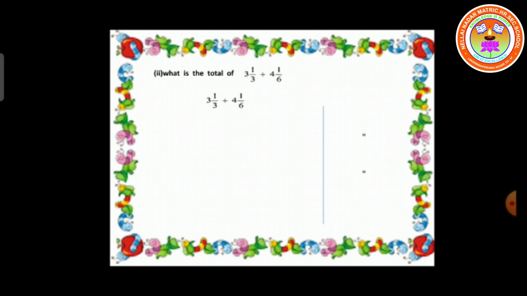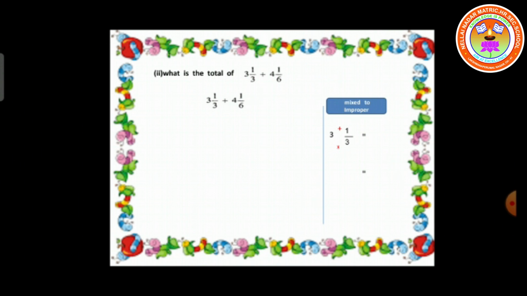Okay. Now, we know the formula to convert mixed to improper fraction. Right? See, 3 1 by 3. How will you make it an improper fraction? We already saw one example, right? That is whole number into denominator plus numerator, divided by denominator.